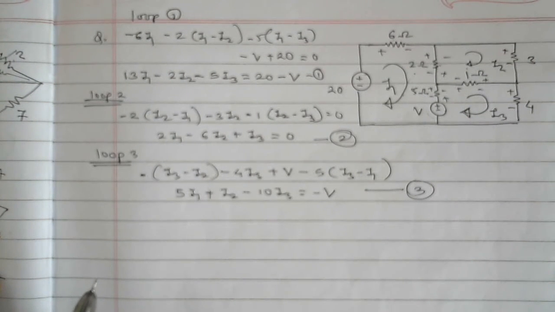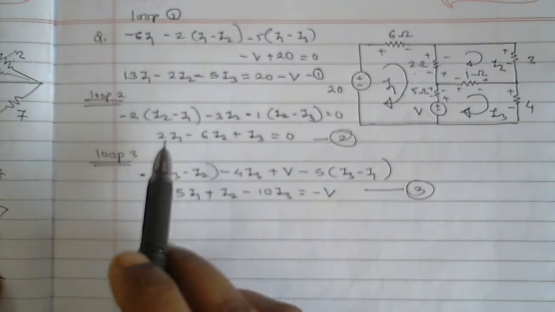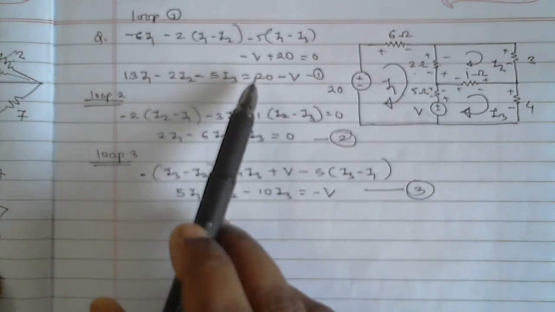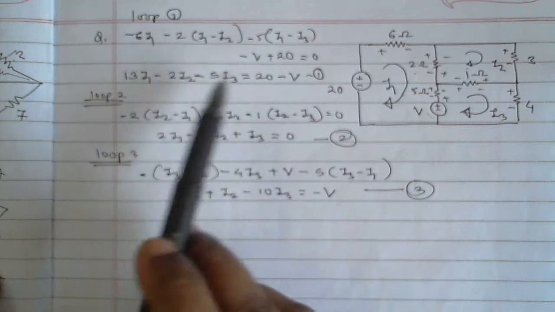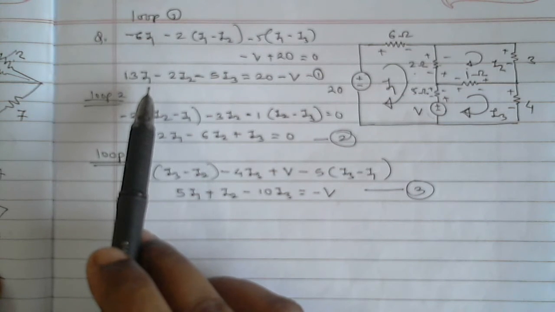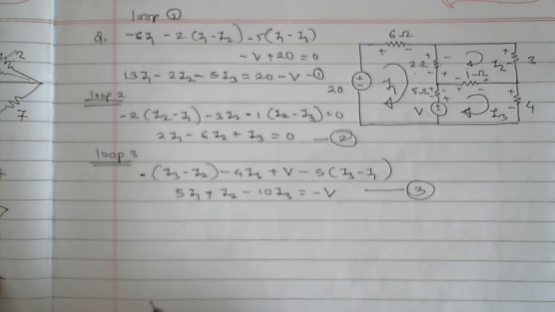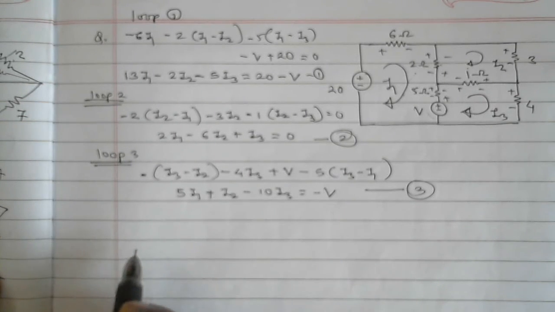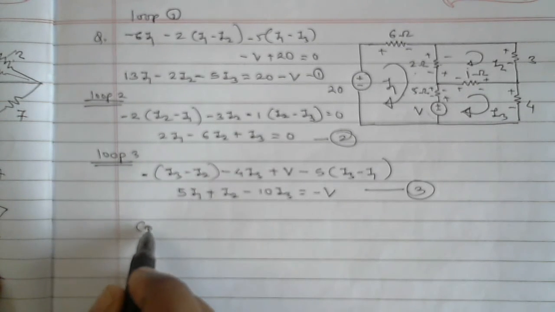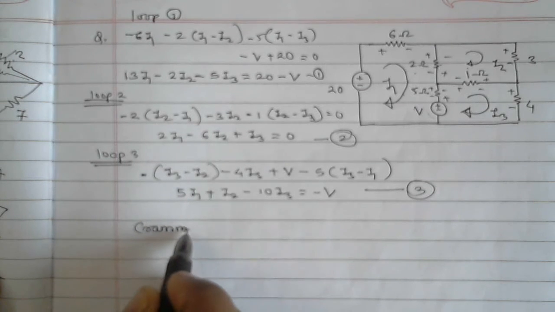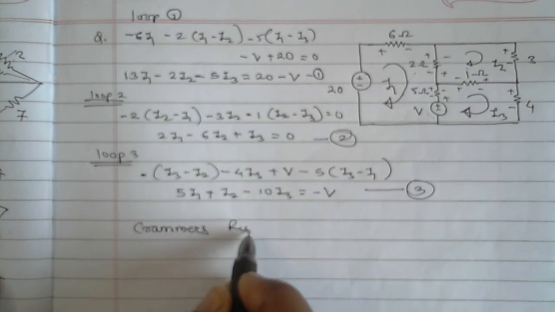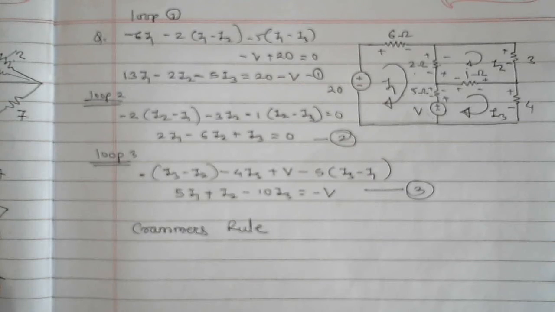Now we want mesh current I1 to be 0. Here we want the voltage such that I1 should be 0. Now what we can do? Simple. You can solve it in a calculator or you can go for Cramer's rule. How to find Cramer's rule?